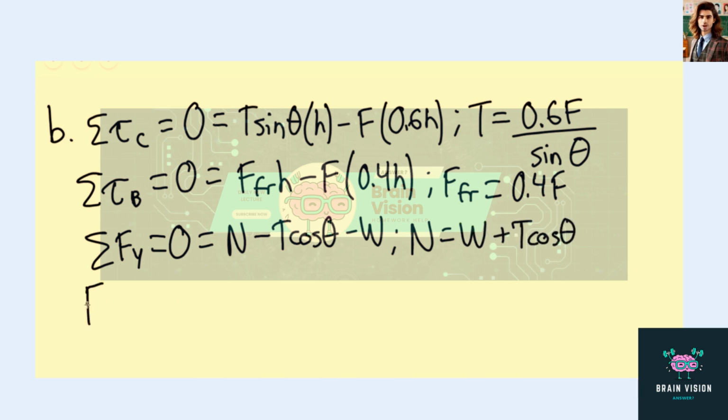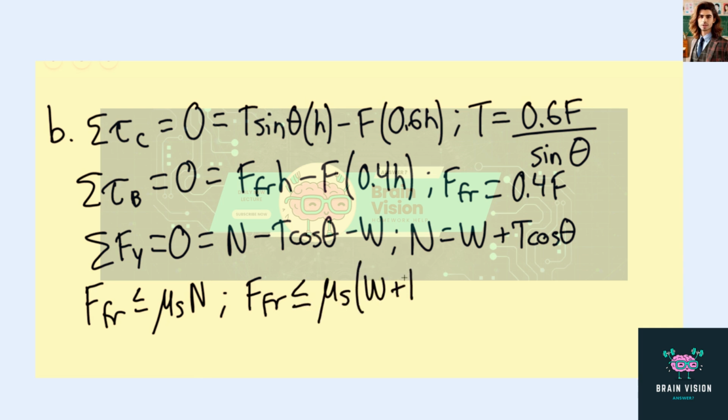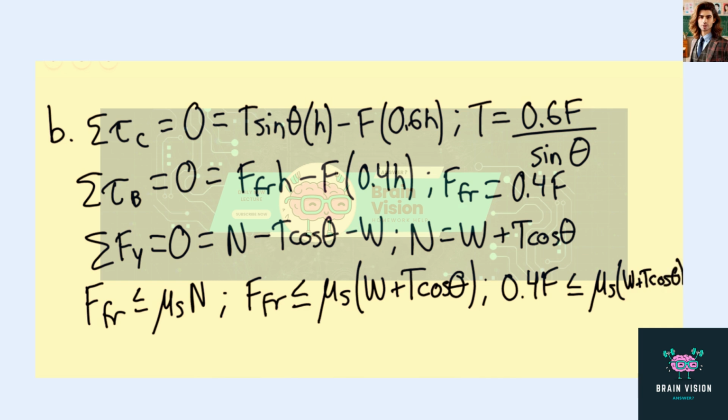Again, force of friction must be less than or equal to mu S times N. We can say that force of friction has to be less than or equal to the coefficient of static friction times the weight plus T cosine of theta. And we can say that, further substituting, 0.4 F has to be less than or equal to mu S times W plus T cosine of theta.